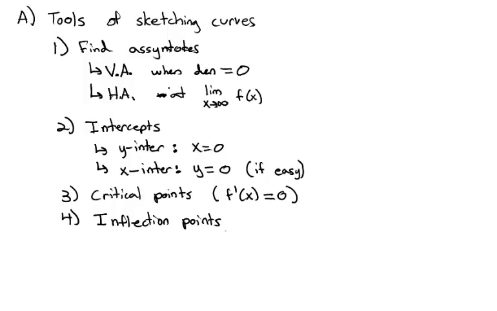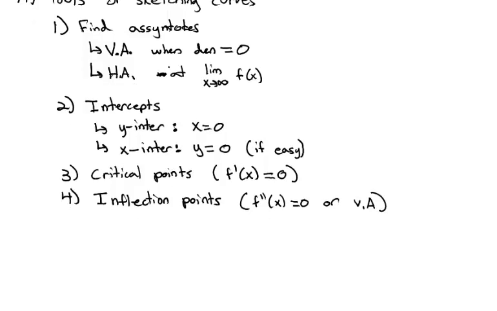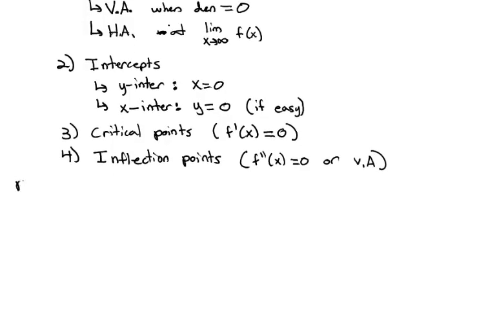That's when the concavity changes from a bowl that's filling up to a bowl that's spilling out. We'll find the inflection points when f prime prime of x equals 0, or on the vertical asymptotes. Remember, at vertical asymptotes, concavity can change as well. So we're going to find these 4 items, and then we will use these 4 items to help us graph the function. So let's take a look at our first example.